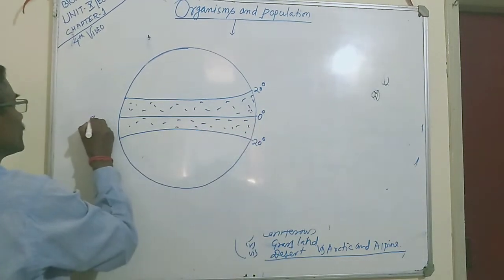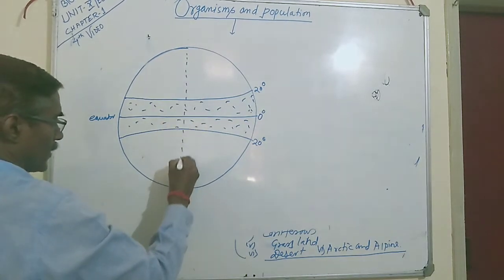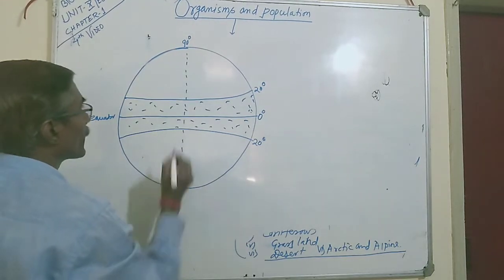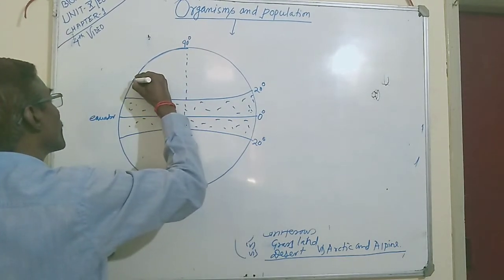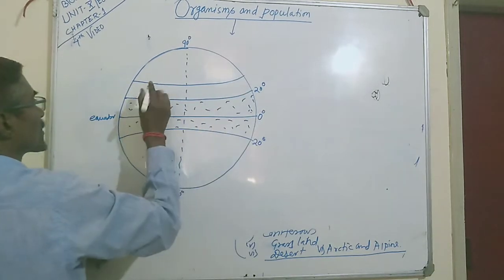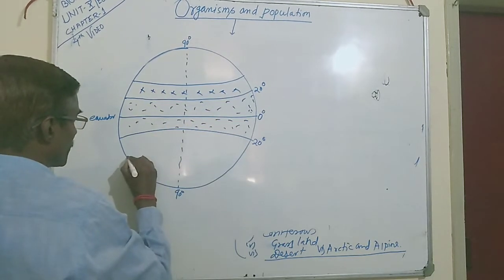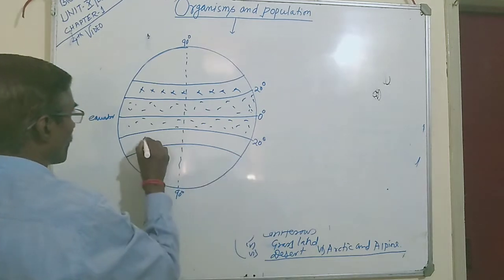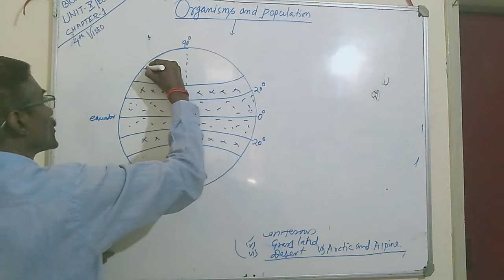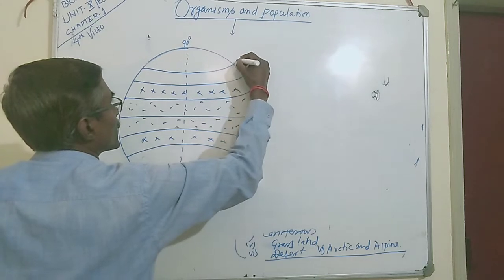This is the equator. Longitudinally, this is 90 degrees. This is the subtropical area. Now this is the temperate zone, 40 degrees, 60 degrees.